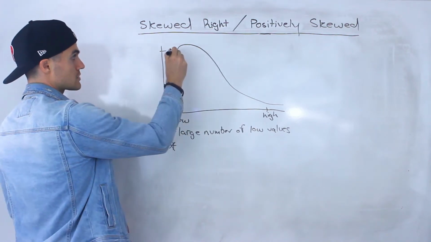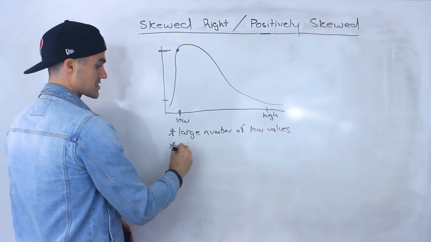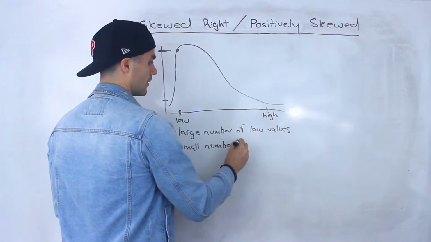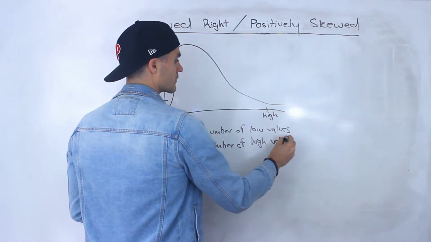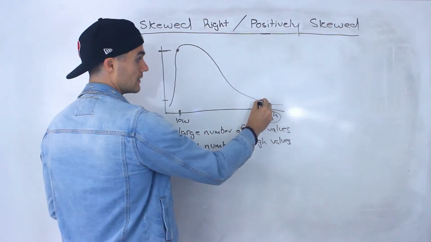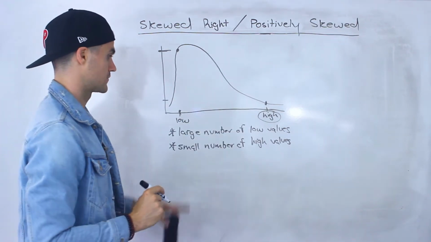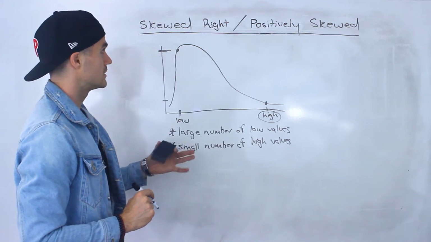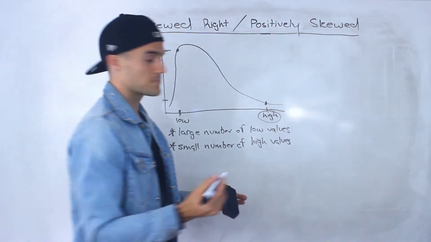Because all these low values, look at the frequency. There's a lot more of them. And then there's going to be a small number of high values. So we've got these high values here of a quantitative variable that we're looking at. And notice that that frequency is a lot lower at that point. So a large number of low values, a small number of high values describes a distribution that is skewed to the right.